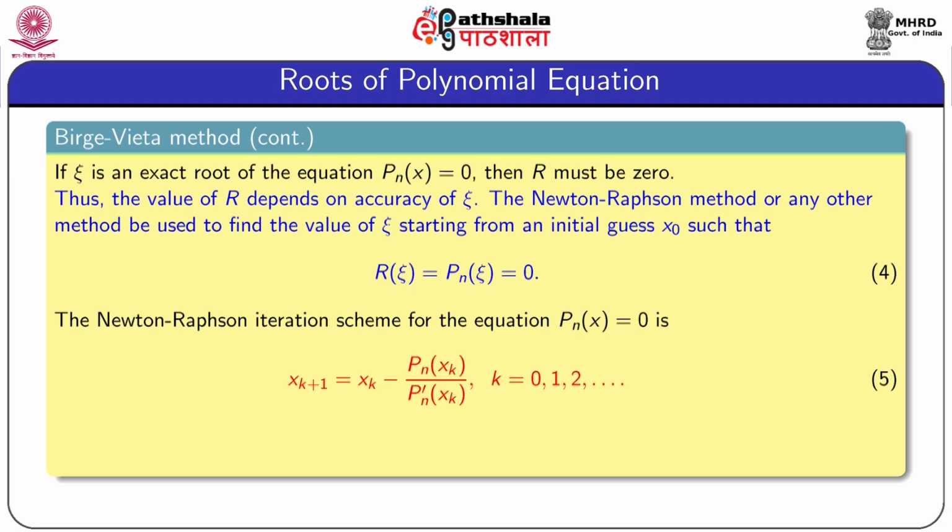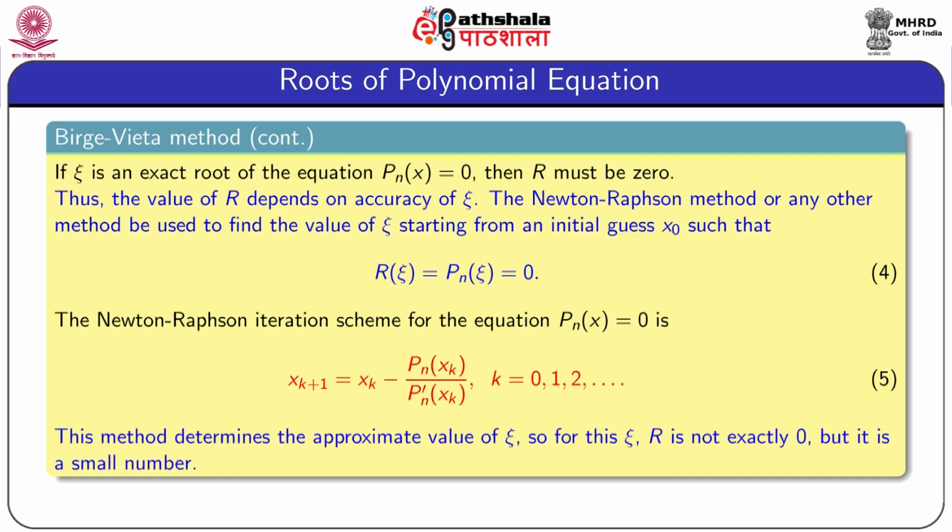So, this is the iteration scheme to find a root of the polynomial equation p_n(x) = 0. This method determines the approximate value of xi. So, for this xi, R is not exactly 0, but as per principle the value of R is a very small number.